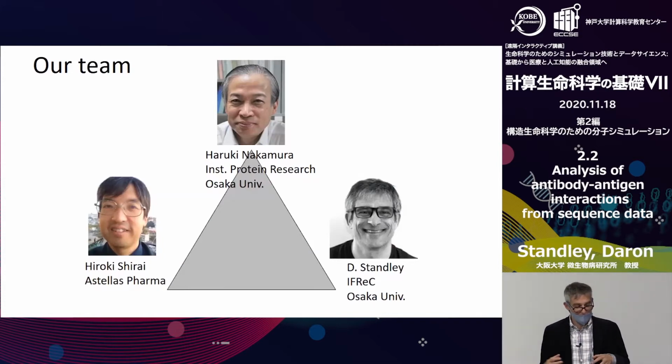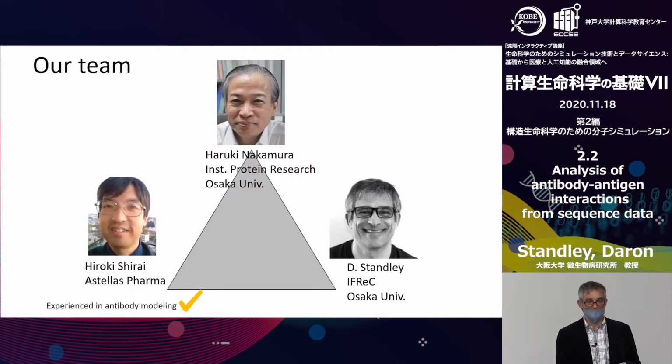So he recruited Nakamura-sensei, and I think Nakamura-sensei recruited me, and we made a team. It's nice that Shirai-san was on the team because he has experience with antibody modeling. Maybe Nakamura-sensei has some experience, but I definitely had zero experience in antibody modeling.